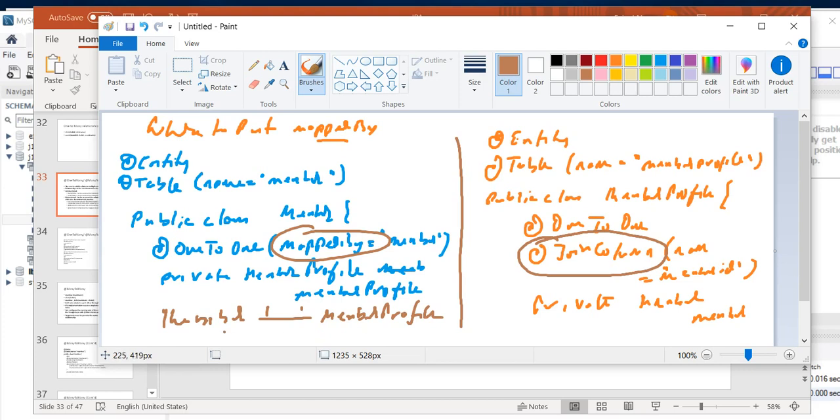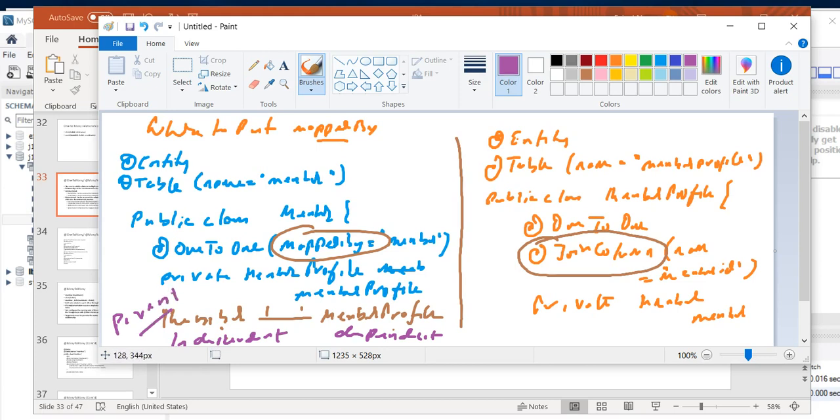If we don't have a member, then the member profile is of no use, right? But if we don't have the member profile, still the member is okay. All right, so we can say that this one is dependent and this one is independent, or we can say this is the parent.